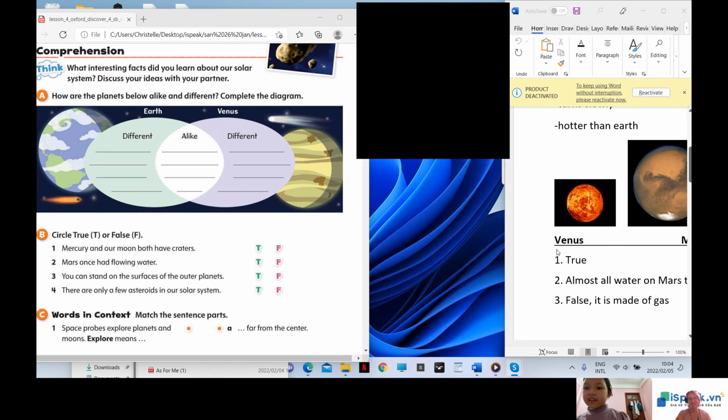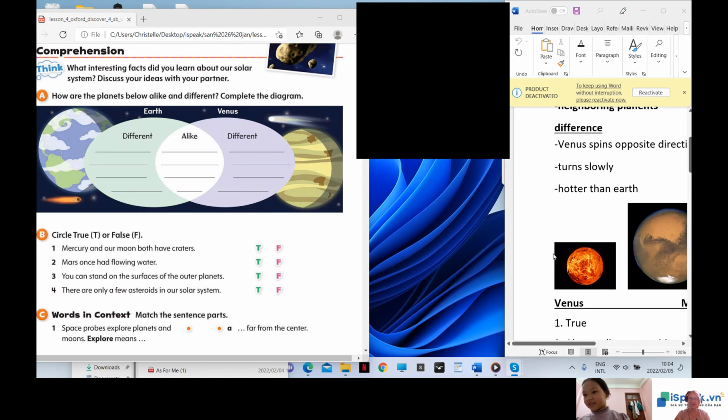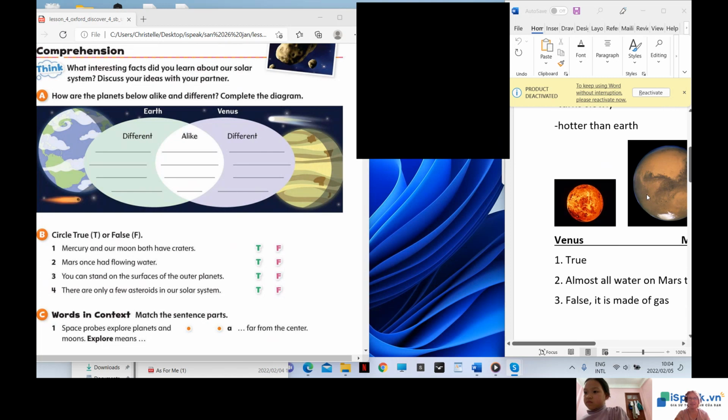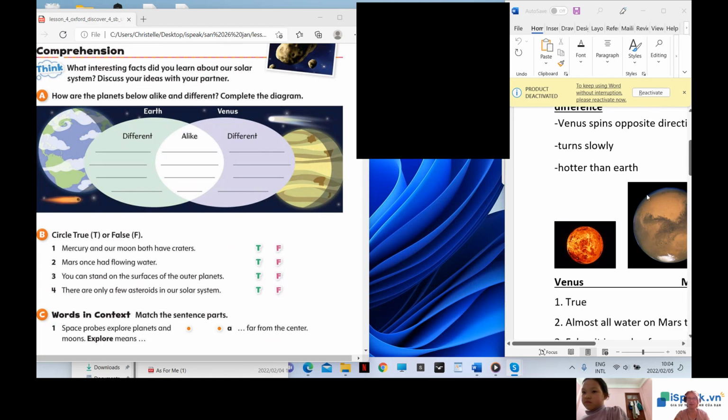The Venus is made of rocks. Yes. Do you think Earth and Venus is made of the same material? Yes, it is made of the same material. And what else? Can I give you a clue?